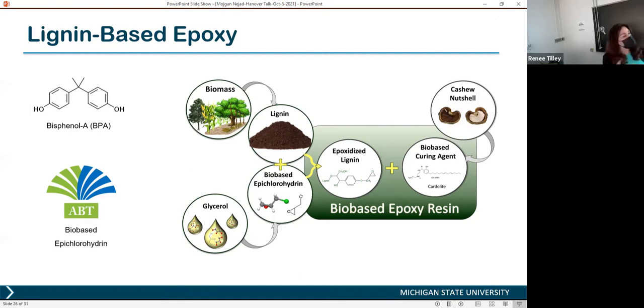Nejad is now working on this project to use this bio-based epoxy resin and mix it with bamboo fiber to make composite products for automotive application. I have a meeting actually with this company and another company that are interested that we form another consortium and scale up our lignin-based epoxy resin for different applications.